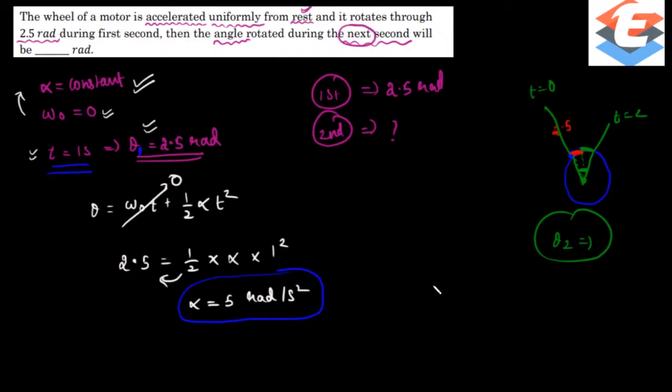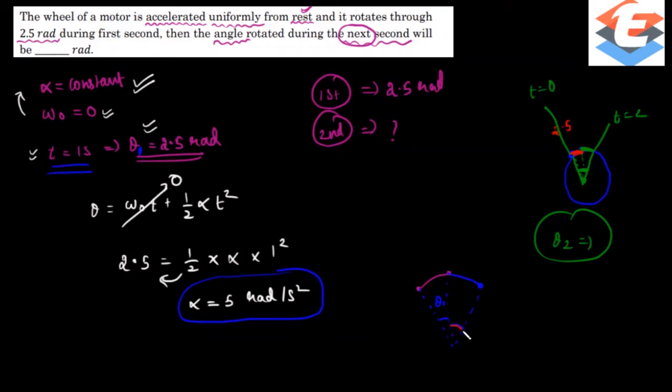Listen carefully. Let us consider this is how it has traveled during the first second, and during the second second, this is how it has rotated. Overall, if you observe, during the first second this is the angle it has rotated, and during the second second this is the angle. I will highlight it with another color.